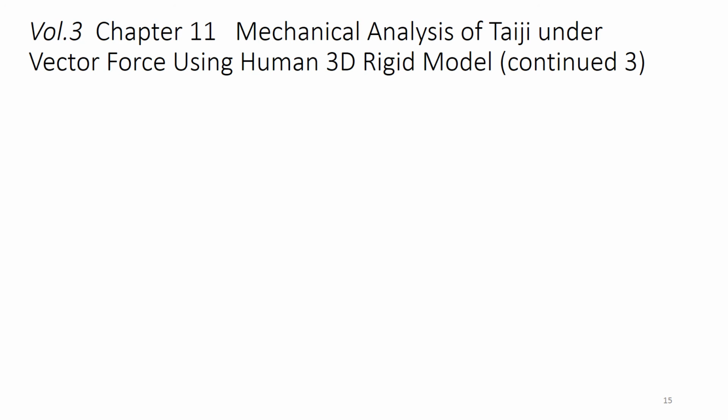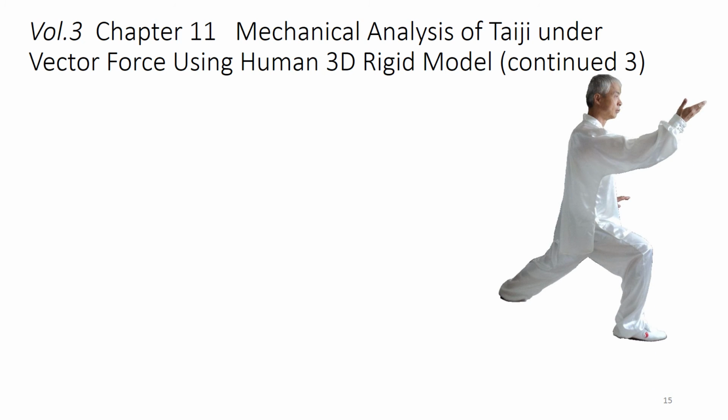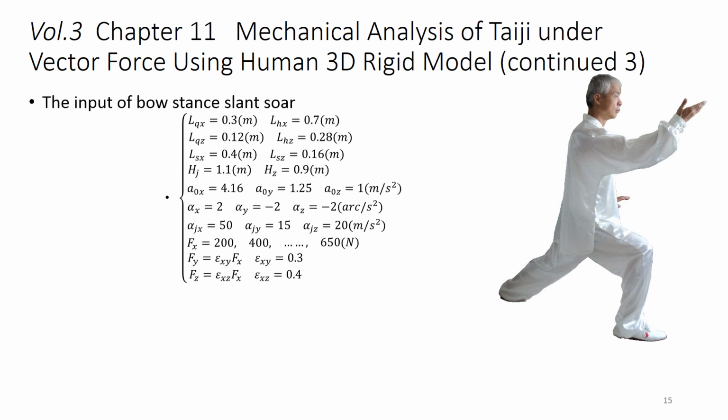Chapter 11. Mechanical analysis of Taiji under vector force using human 3D rigid model. Continued 3. The input of bow stance slant saw: feet position, contact hand position, body acceleration, body angular acceleration, contact hand acceleration, x external force Fx input series.